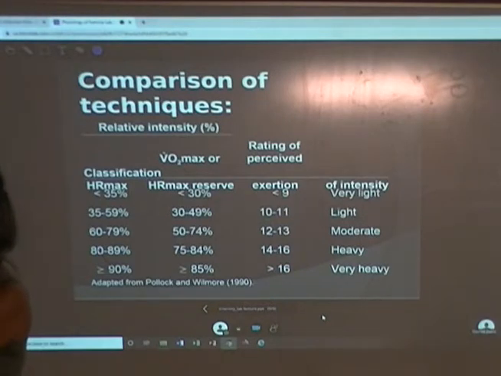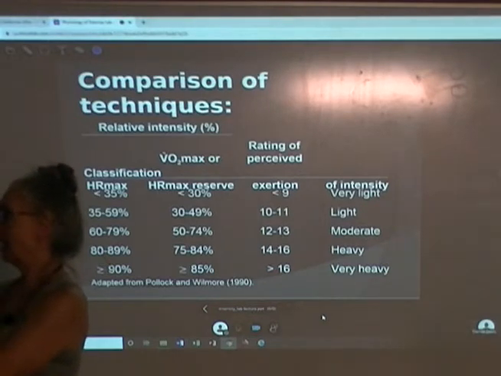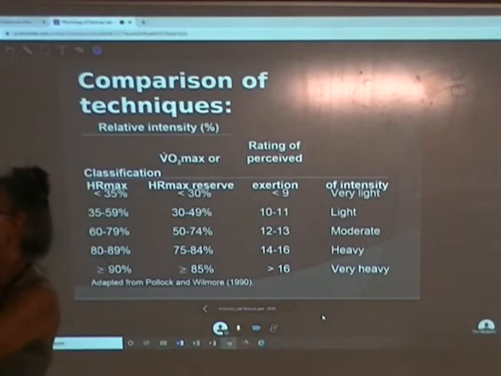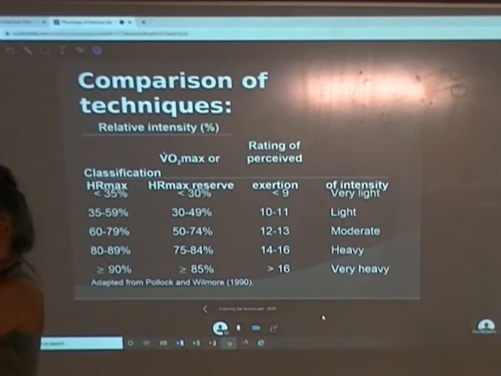I have my training zone set at a level that will optimize fat use and stress my aerobic capacity, right? So I've got it kind of overlapping two ideas.